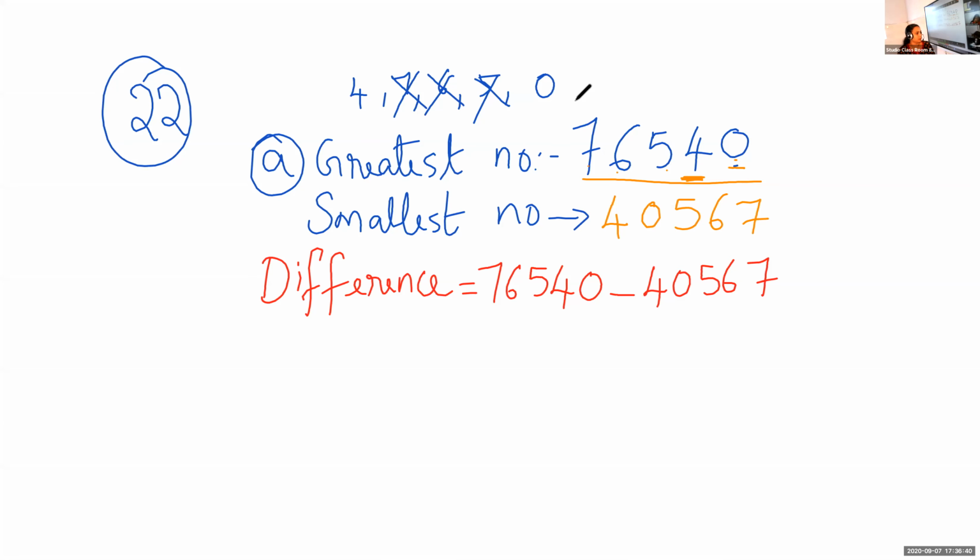You have to borrow. 76,540 minus 40,567.